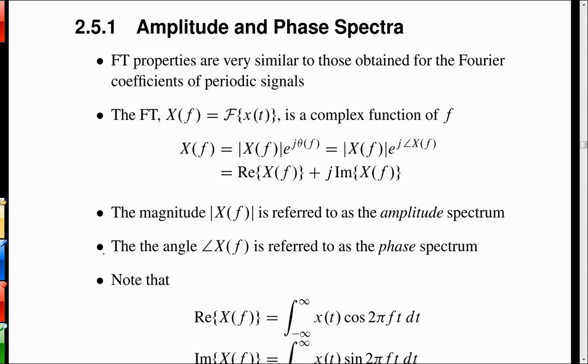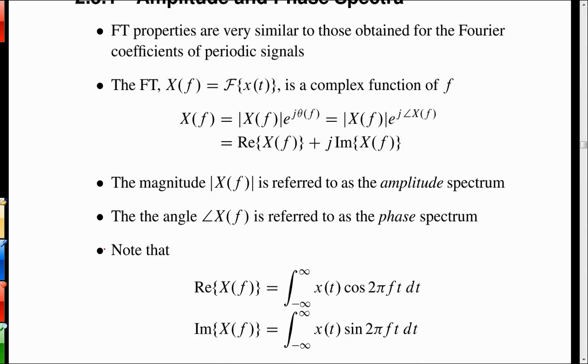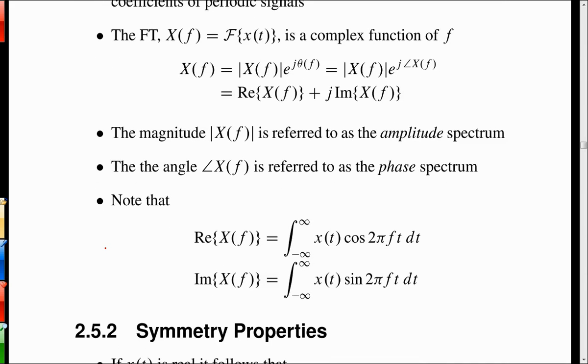So it has magnitude and phase. It has real and imaginary. Most of the time, we're dealing with the magnitude spectrum, which the slang terminology is amplitude, just like in the line spectra. And on occasions, we're dealing with the phase spectrum.